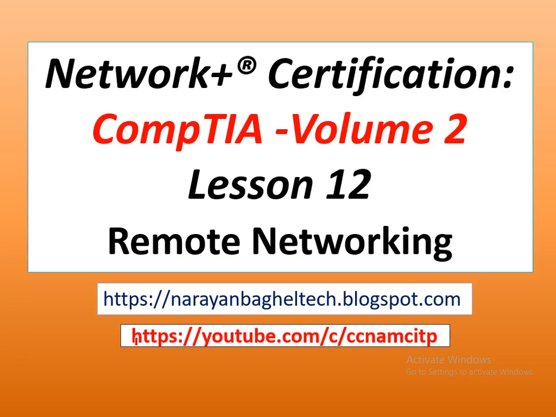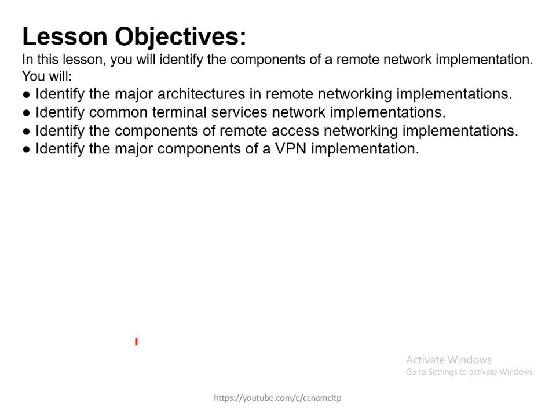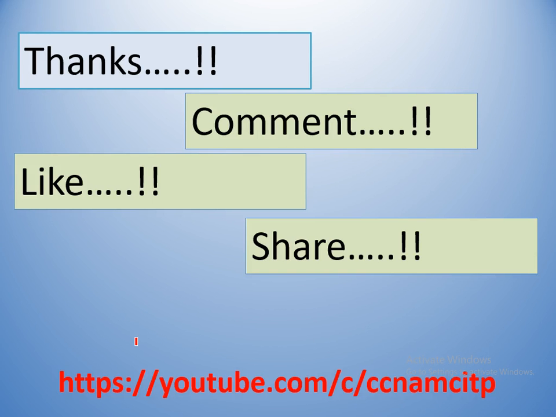And after that I will have lesson 12, which is remote networking. The things we have are remote access, infrastructure, architecture, terminal services, implementation, remote access networking implementation, virtual private networking. So I will be talking about these in my coming videos.